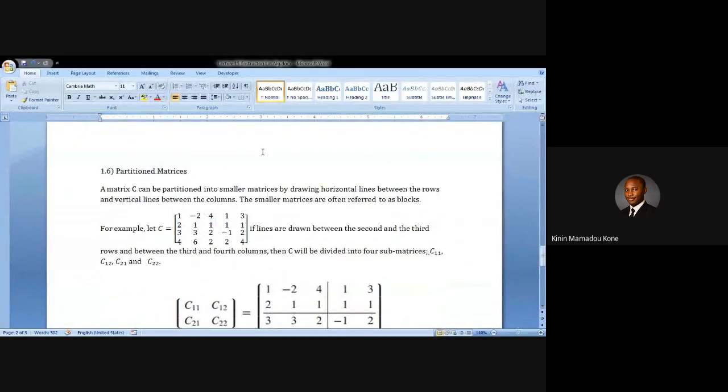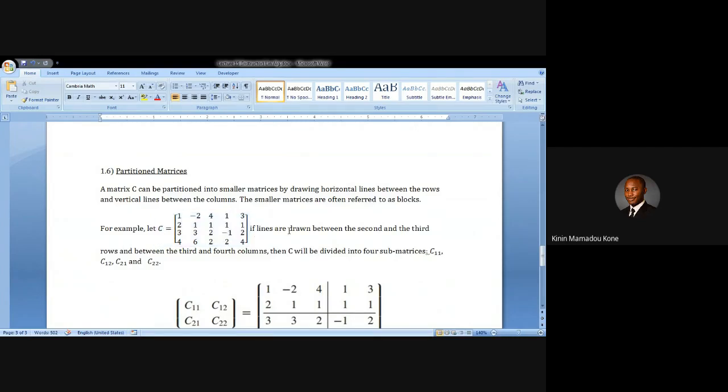So 1.6, partitioned matrices. A matrix C can be partitioned into smaller matrices by drawing horizontal lines between the rows and vertical lines between the columns. The smaller matrices are often referred to as blocks. So for example, C equals this giant matrix.